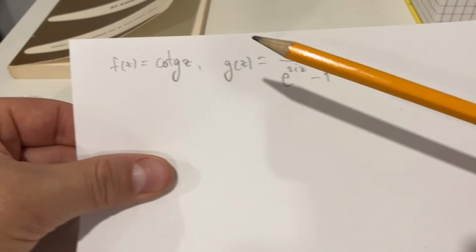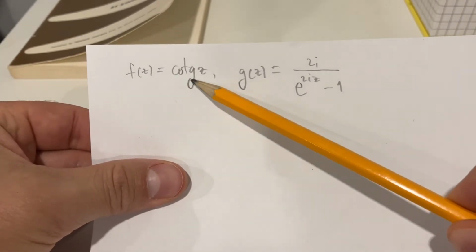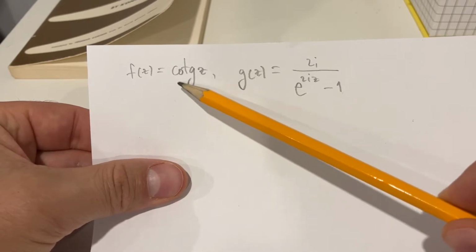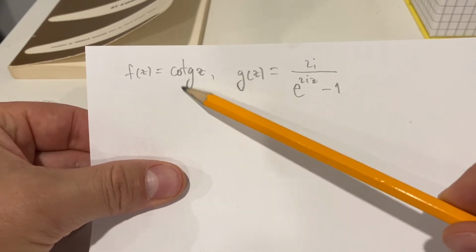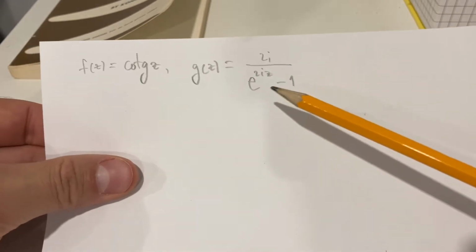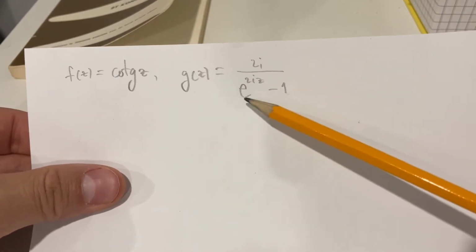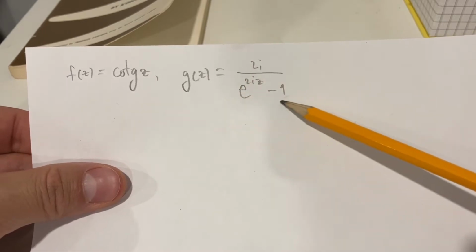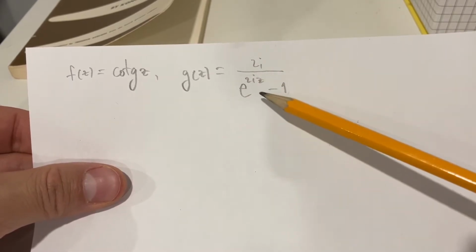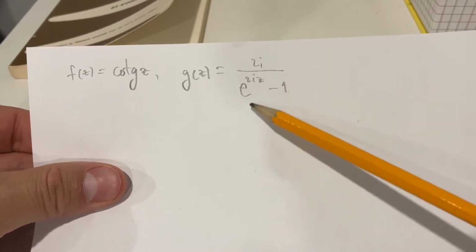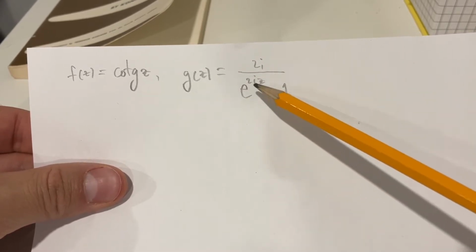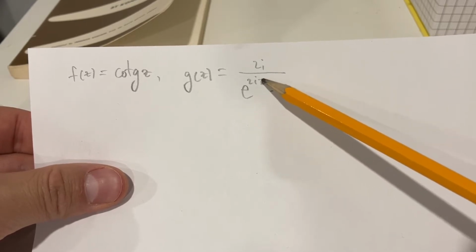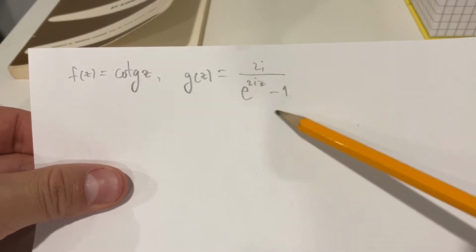And each pole here is a 0 of the sine function. So that means that each pole of this function is of the form n times pi. But if you let exponential of 2iz be equal to 1, so you want to get the zeros of the denominator down here, then you get that the zeros happen exactly at those points, zn equal n pi, because exponential of 2i n pi is equal to 1, and 1 minus 1 is 0, okay?